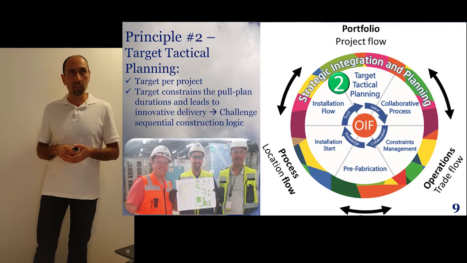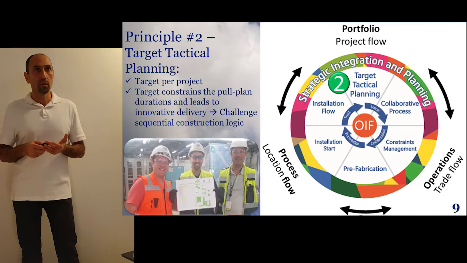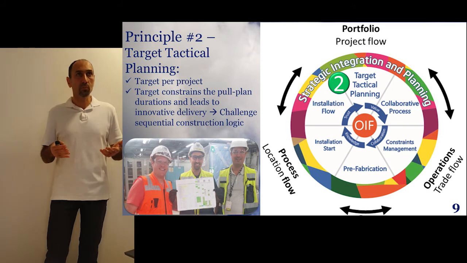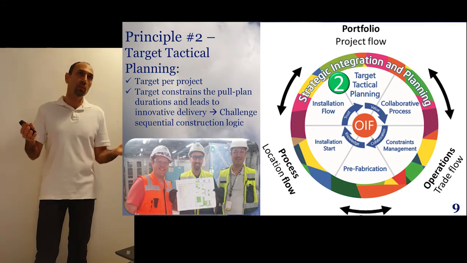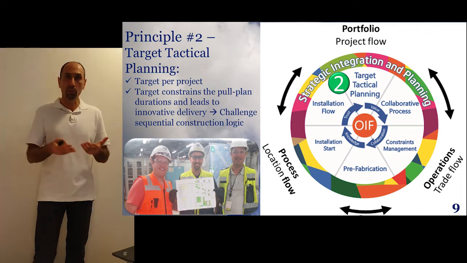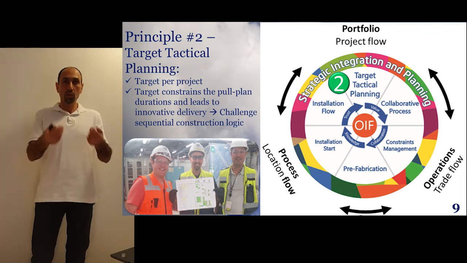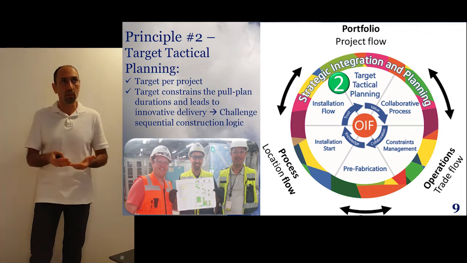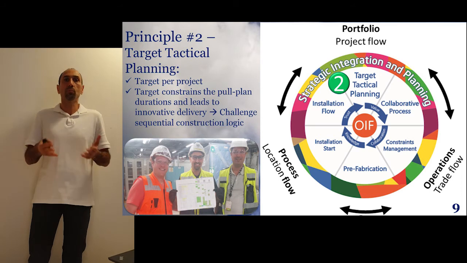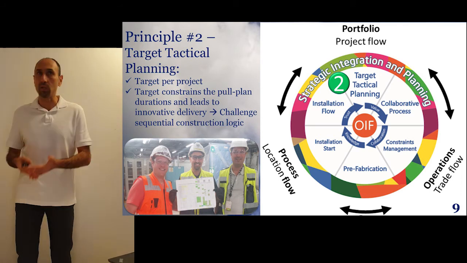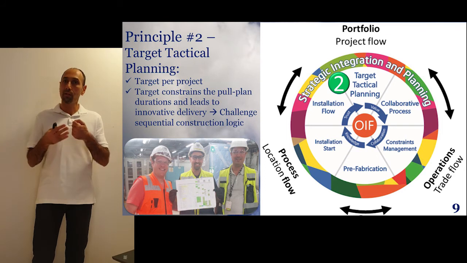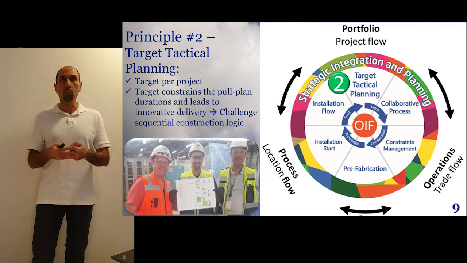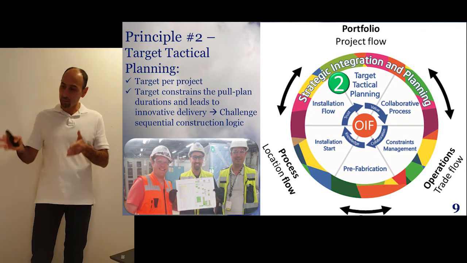The second principle is the target tactical planning. So we all know that when we're using Last Planner, by trial and error, we always get to the standard duration because this is what people are familiar with. This is what they know. If we don't, as a steering committee working with the trades, introduce some target that we can explain, we can articulate, and give them the tools to take that target and apply it, we will forever be in that sequential mode.